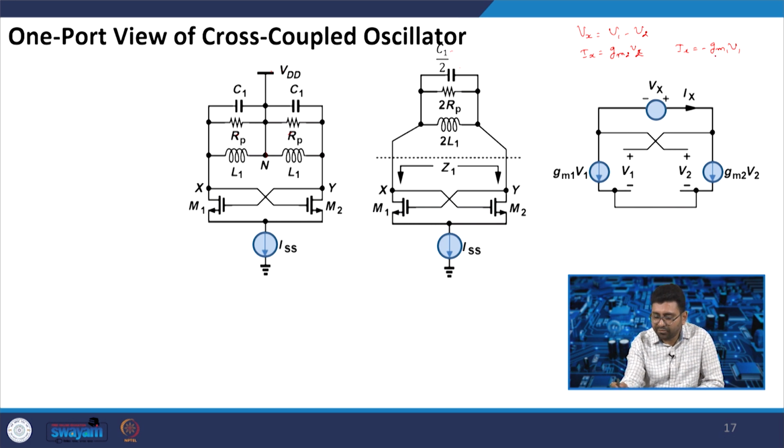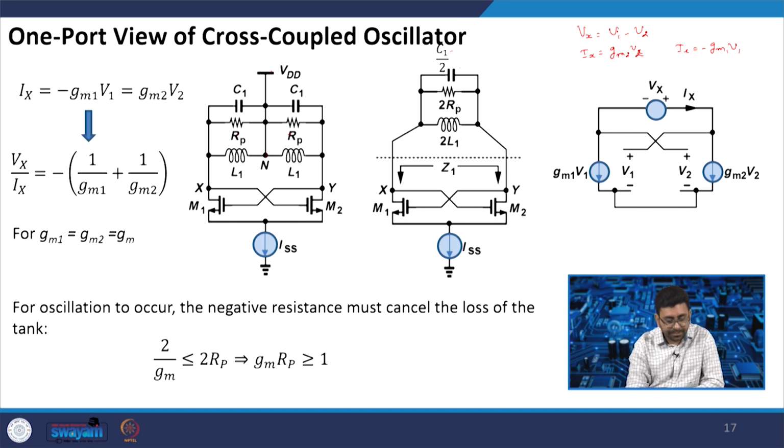Because it is cross coupled, if you put Ix equal to minus Gm V1 and Gm V2 in the equation where Vx is equal to V1 minus V2, V1 is nothing but minus Ix by Gm1, minus Ix by Gm2.